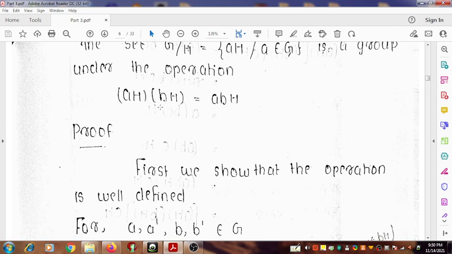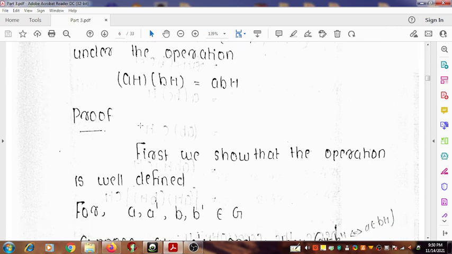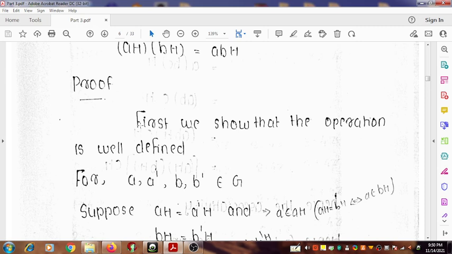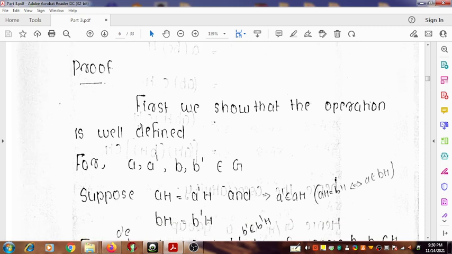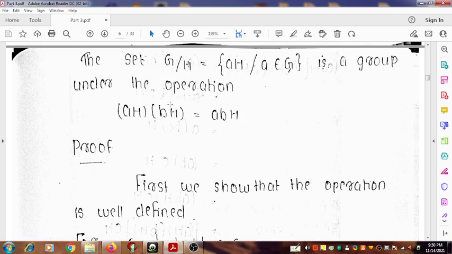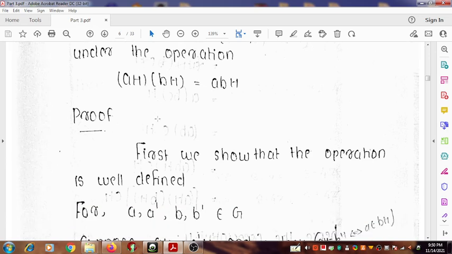Next we want to show that for any element there exists the inverse, and that associativity is satisfied by any three elements taken from that non-empty set. One by one we are going to show this, but as the first step we want to show that the binary operation defined here is well defined.